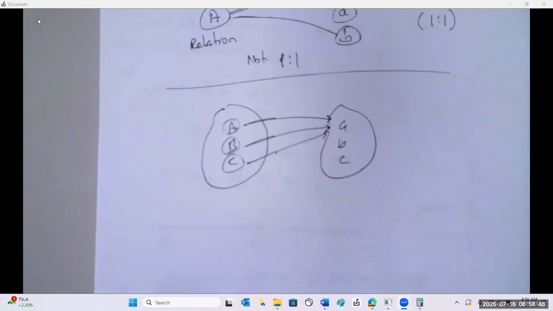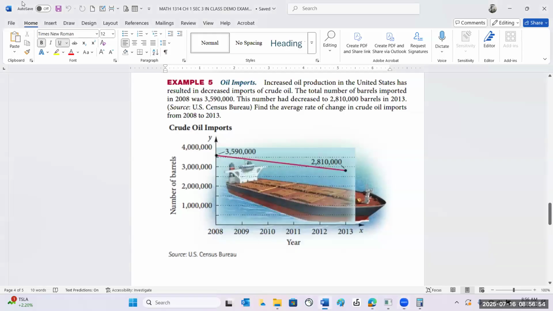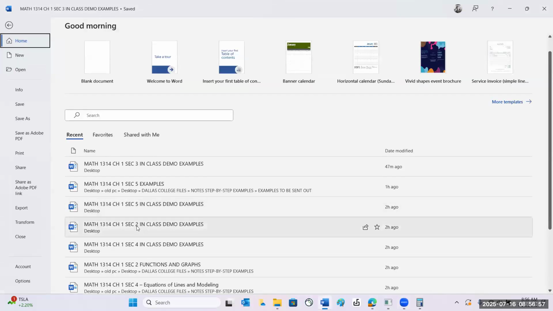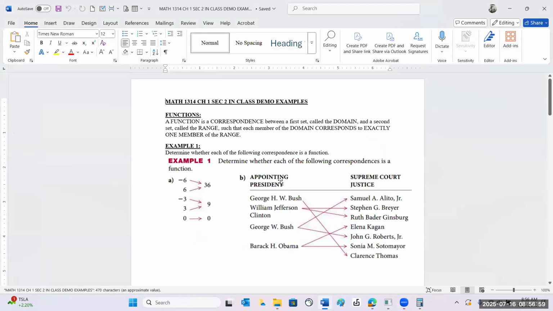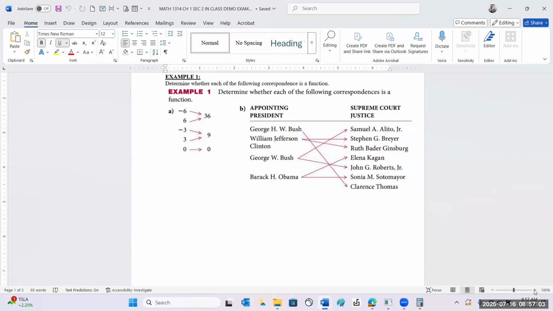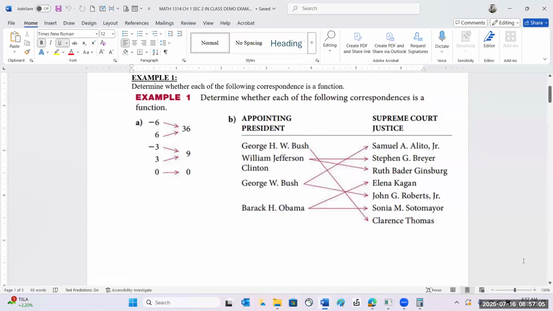Now, let me show you some examples of what those look like. Here's an example. Is the first one a correspondence? Yeah, because you notice each one of these numbers only has one arrow coming out of it.